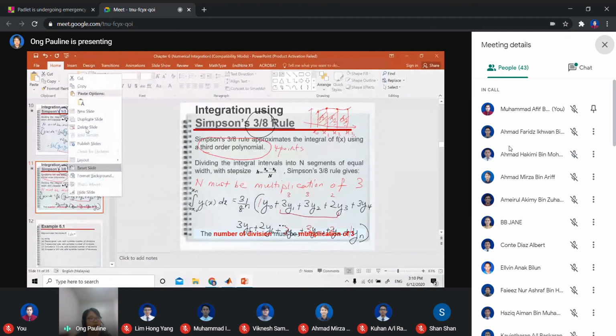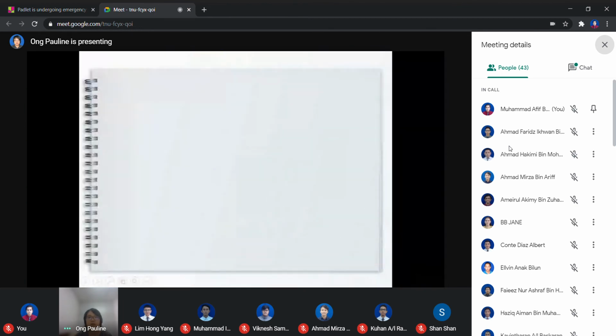Okay, so let us summarize all. I add a slide here. To summarize, for the rectangular rule, the integration of y(x) dx is given by h times y0 plus y1 plus y2 until the second last, not the ending point.